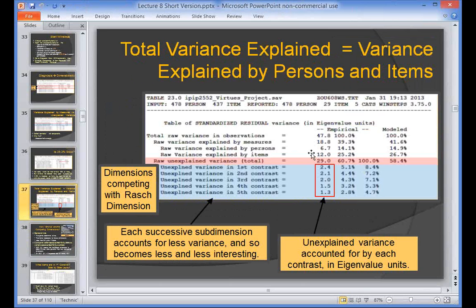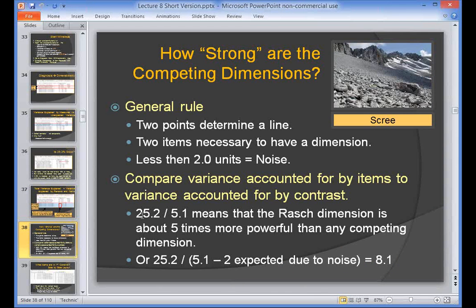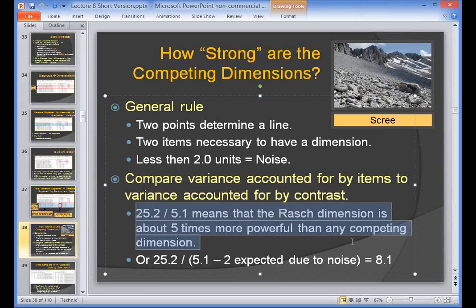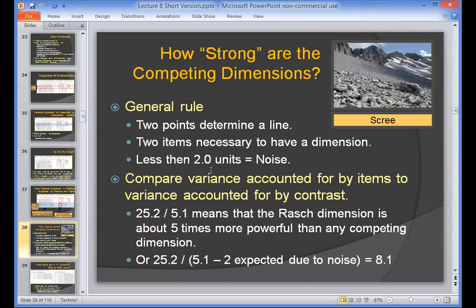The raw variance explained by the items, it's the item hierarchy that we're interested in, so that has a strength of 25.2% of the variance here. And the first contrast is explaining 5.1% of the total variance. So if we divide 25.2 by 5.1, it means that the Rasch dimension is about 5 times more powerful than the nearest competing dimension. And that's pretty good, okay?